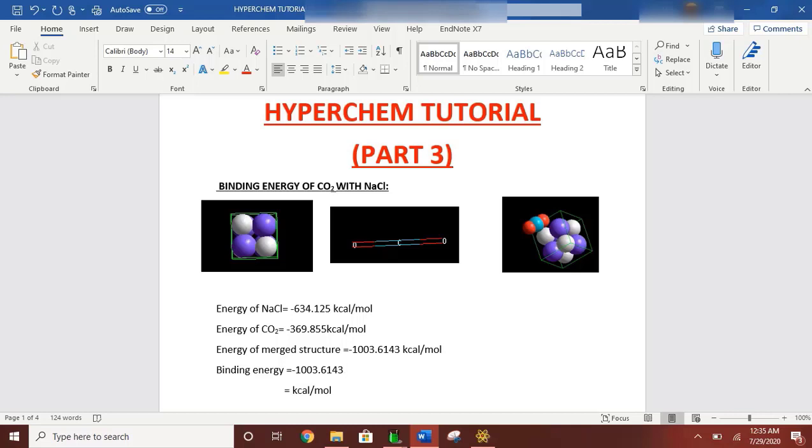Then I minus the energy of the NaCl plus the separate energy of carbon dioxide.